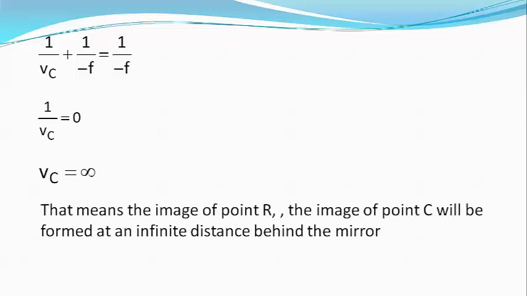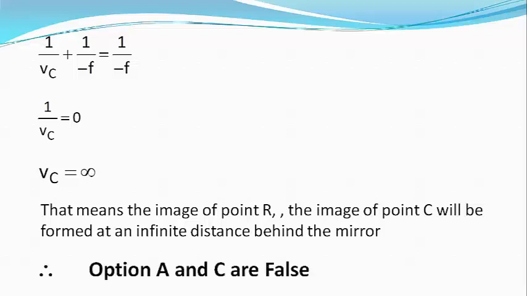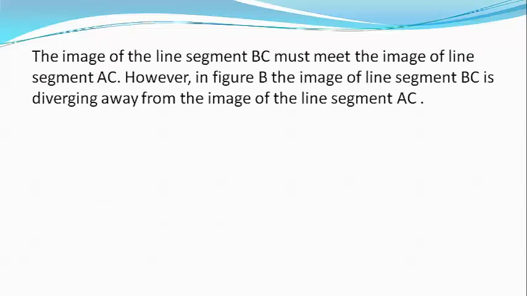That clearly means that the point R will be at infinite distance away from the mirror, and hence options A and C are false. Principally, the image of line segment BC must meet the image of the line segment AC at infinity.